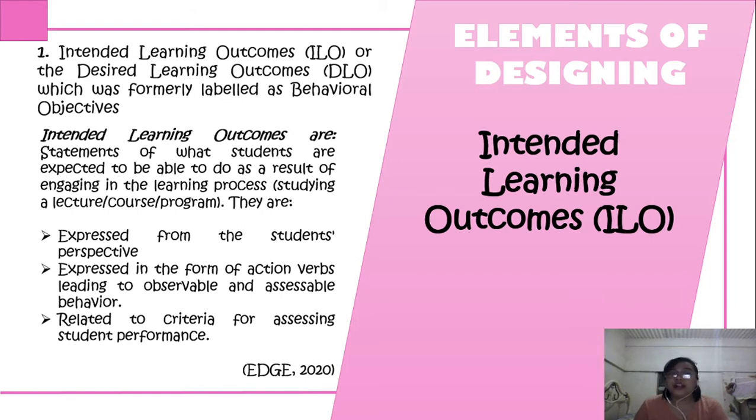The intended learning outcomes are the statements of what students are expected to be able to do as a result of engaging in the learning process. They are statements that describe what students should know or be able to do at the end of the course and after engaging in the learning process.